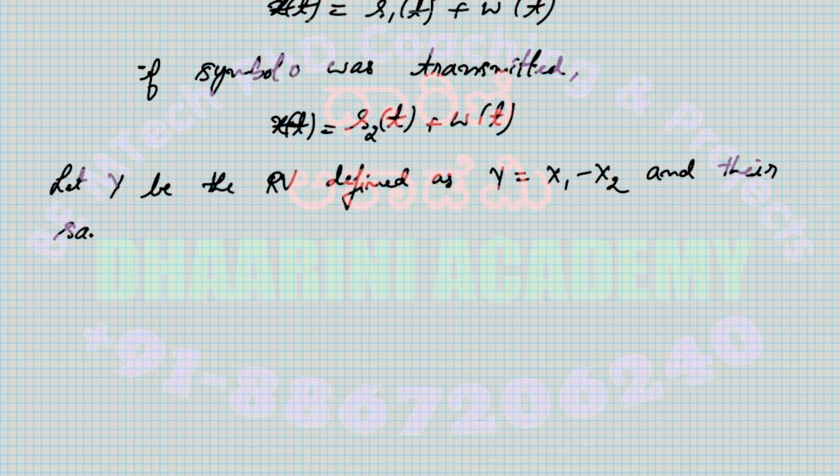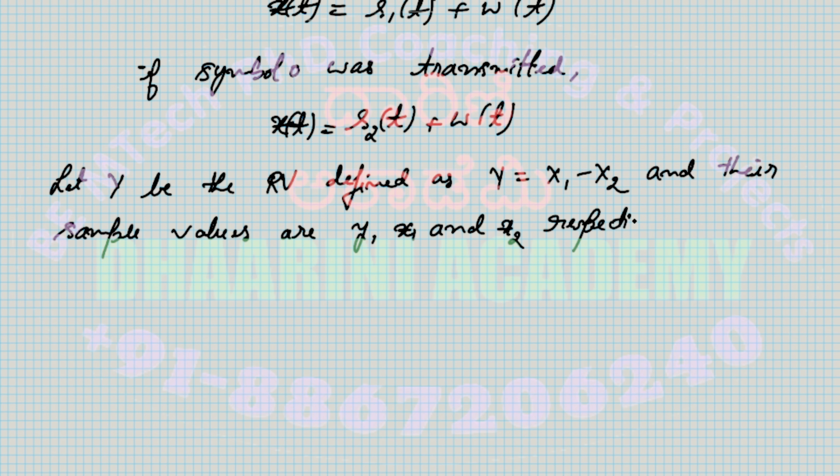Now, this implies, and I'll also write their sample values, are small letter y, small letter x1, and small letter x2 respectively, in the same order. Now you see the sample xi, we can try to write in the following notation.